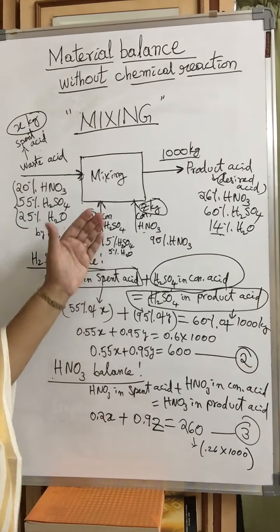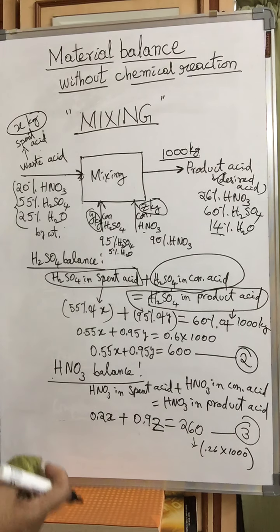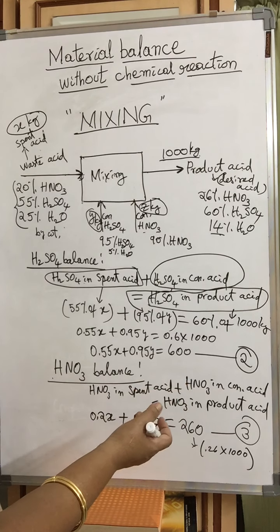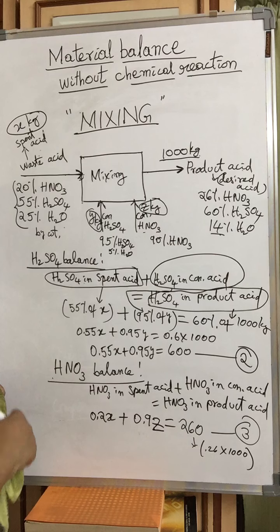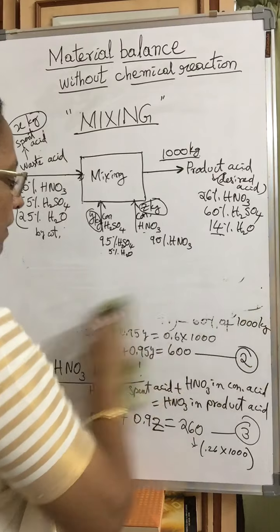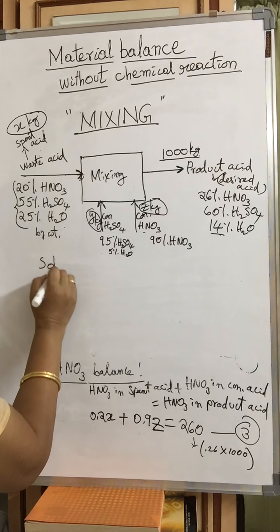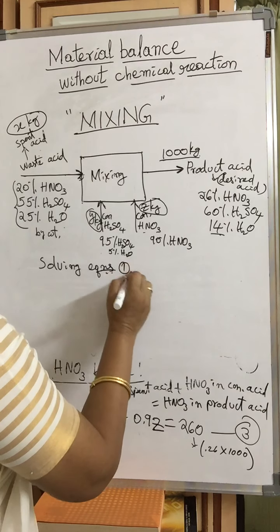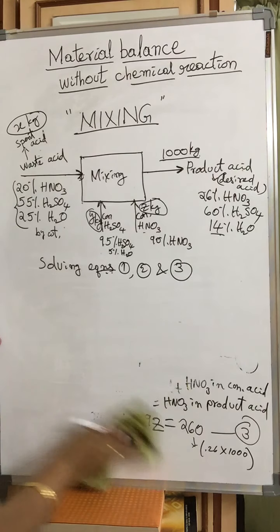Like this we wrote component balances for our two components, H2SO4 and HNO3. Now 3 equations are there, 3 unknowns are there. Solving equations 1, 2 and 3, you will get the X, Y, Z values.